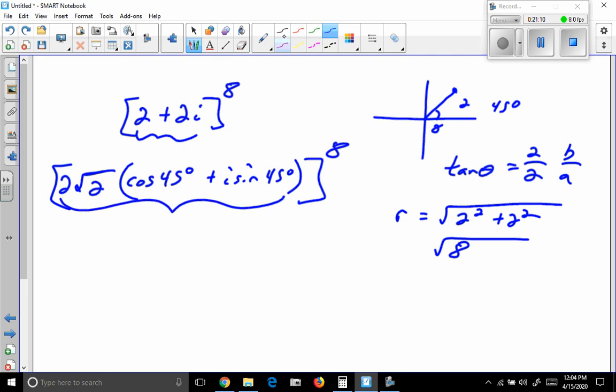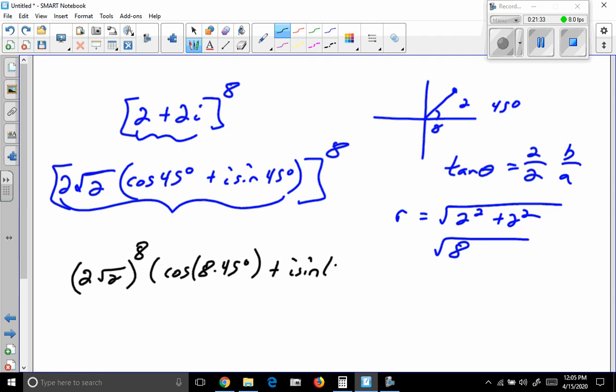So now let's raise it to the 8th power. To raise this to the 8th power, instead of having to FOIL that out 8 times, we're going to have our radius raised to the 8th, and then we take our angle times 8. 8 times our angle. Sine of 8 times our angle.